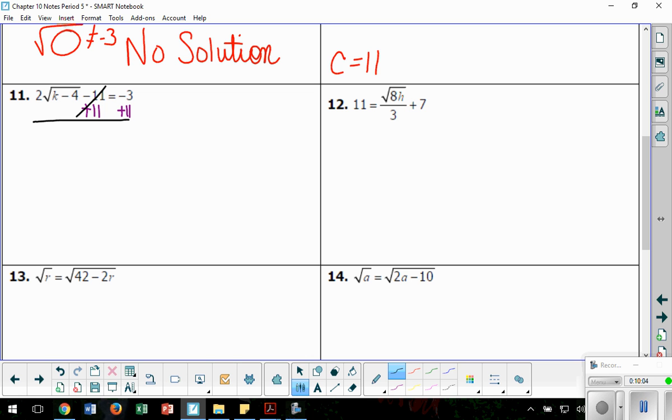Those cancel. So I get 2 square root k minus 4 equals 8. Emily, what do I do next? Divide by 2.